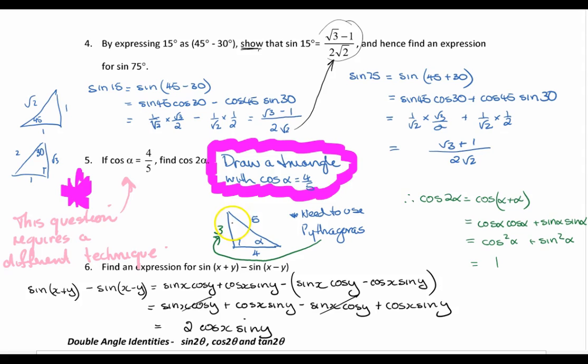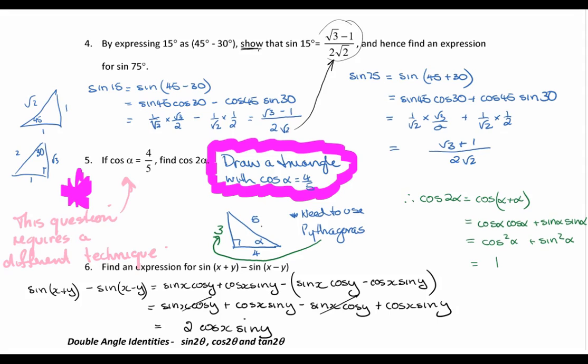Alpha could have sat up there, but 4 would have to sit here and 5 over there. And then you probably recognise, without having actually to use Pythagoras, that you would have a 3, 4, 5 right triangle.